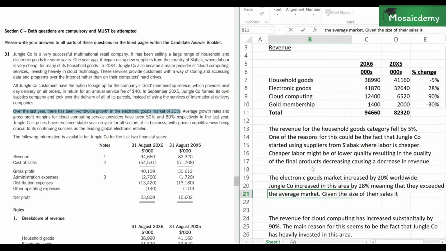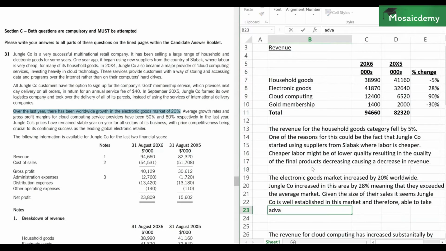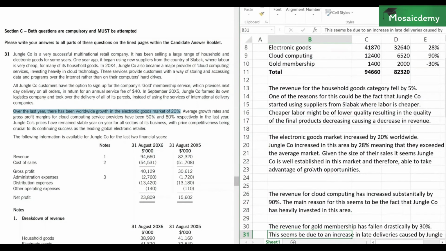It seems Jungle Co is well established in this market and therefore able to take advantage of growth opportunities, right? If you're well established, when the market grows, you are likely in a better position to gain more market share. So we've made that point as well.